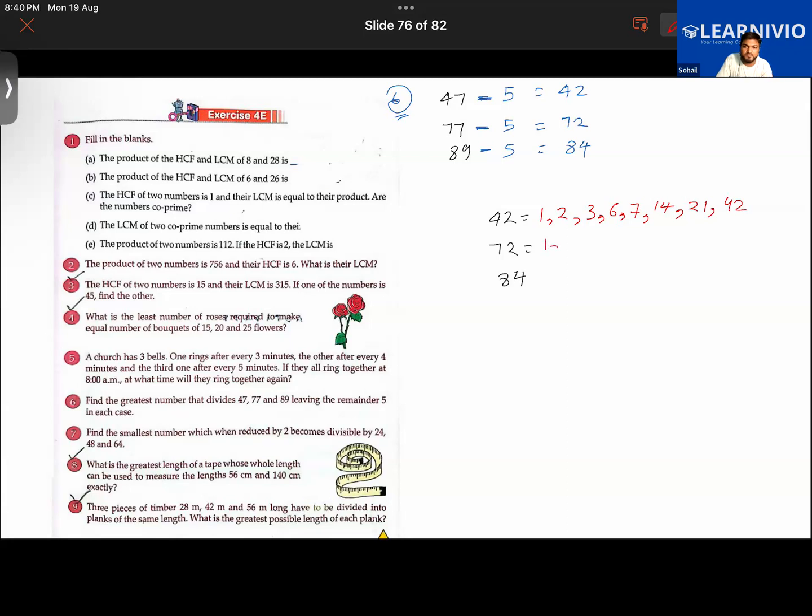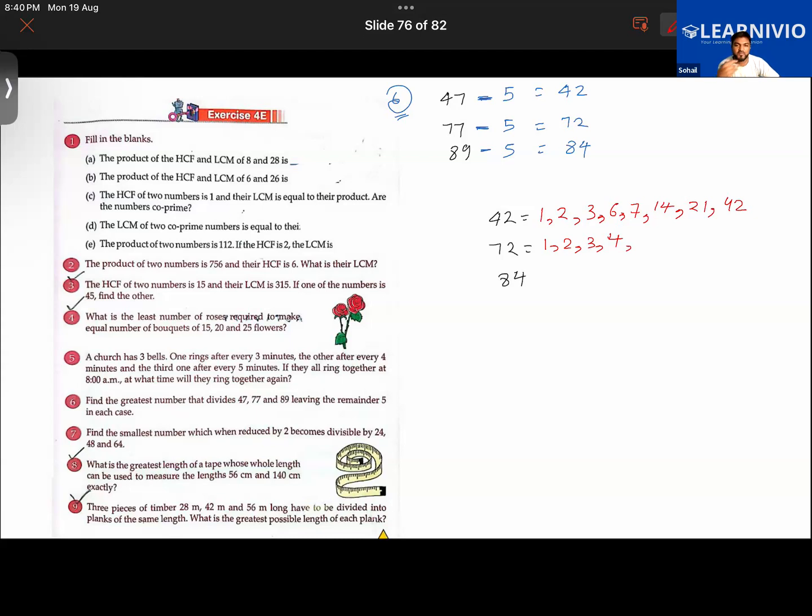1, 2, 3, 9, 8. You forgot about 4. Read the table of 18. 18 fours are 72, so 4 is a divisor. Next, 8.